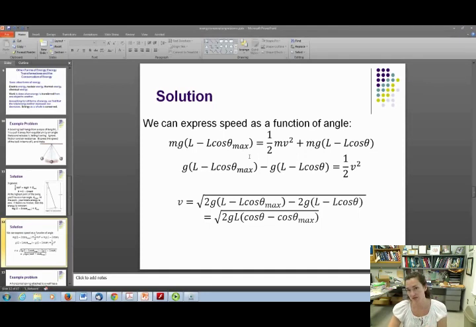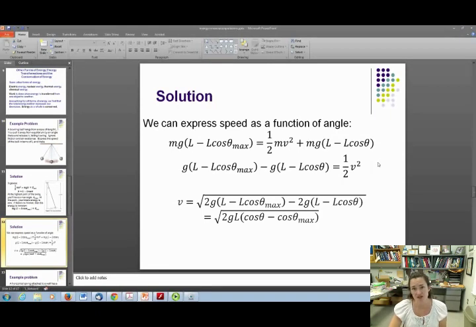Now at some later time t, some random time when it's not at the max angle anymore, it's going to have a sum of kinetic and potential energies. So the kinetic is 1/2 mv squared, and then the potential is mg times L minus L cosine theta. Remember here, if theta max is 30 degrees, then theta could be at some intermediary angle, like 10 degrees, which is less. So there you go, E1 equals E2.